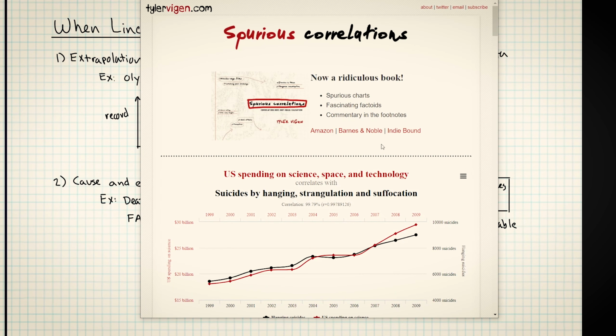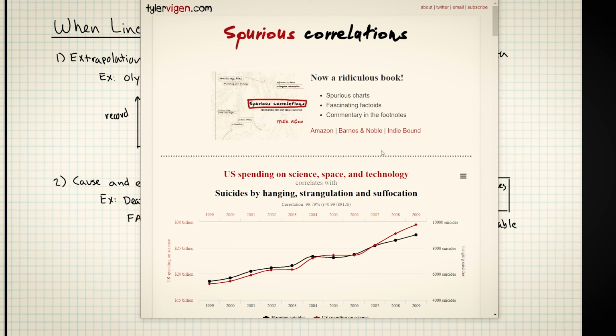In fact, there doesn't even have to be an easily identifiable lurking variable. There's correlations that are just happening all the time. Any time that two variables change at the same time, you can always find a correlation between them, even if they have absolutely nothing to do with each other.